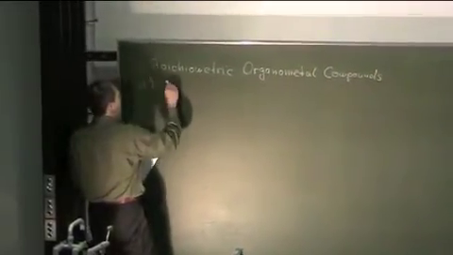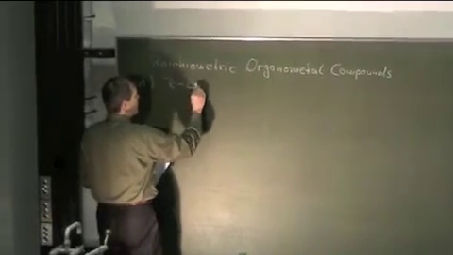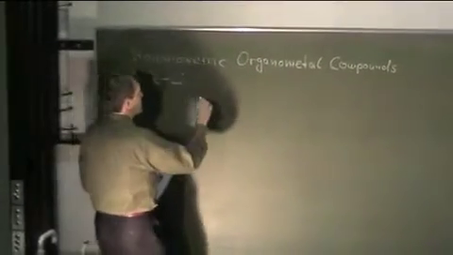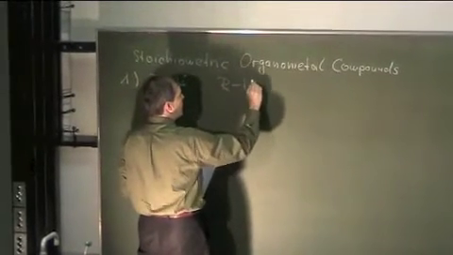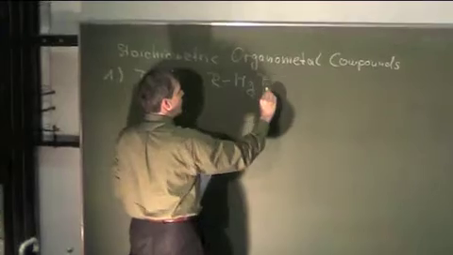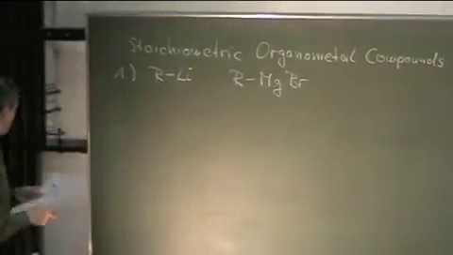The compounds we will deal with today are 2 classes. I'm sure you know quite a bit. These are organolithium compounds and Grignard compounds.